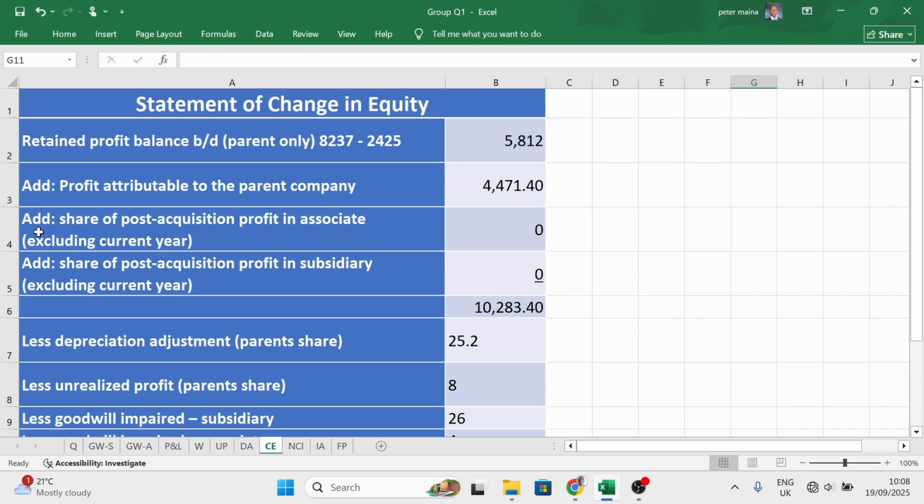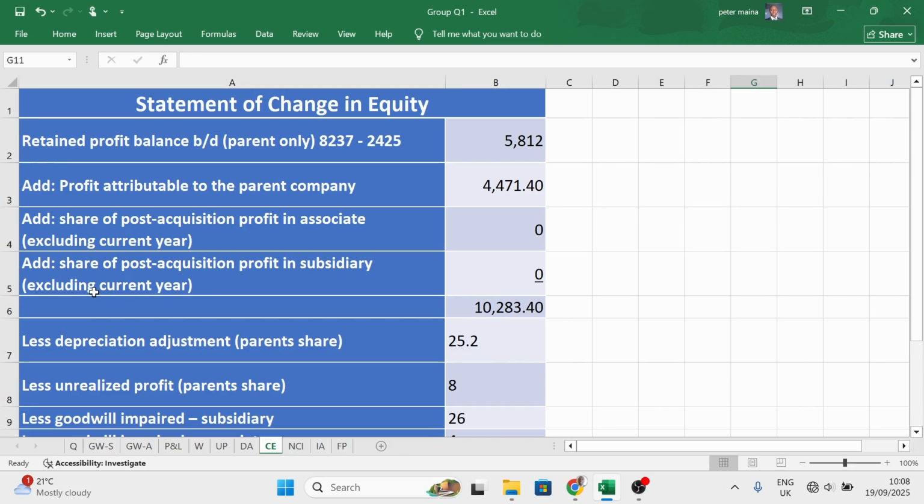So from there, add share of post-acquisition profit in associate, excluding current year. We do the same also with the subsidiary. Add share of post-acquisition profit in subsidiary, excluding current year.